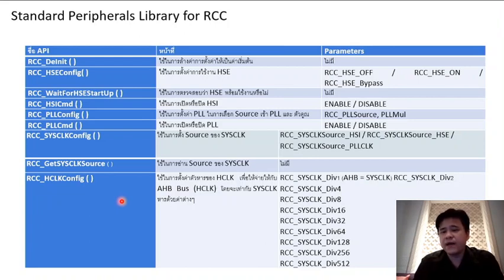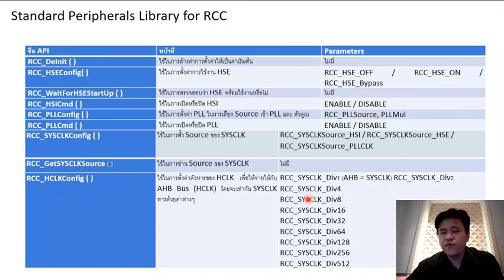You can divide by 4, 8, 16, whatever. It depends on your speed, right? But most of the time we do not divide this HCLK, because this AHB clock can go up to 72 MHz, such as your system clock. So we just leave it like that, or you just set divide by 1.